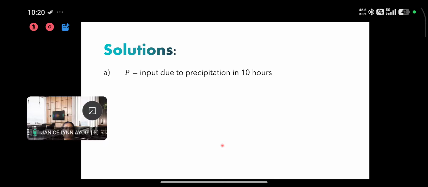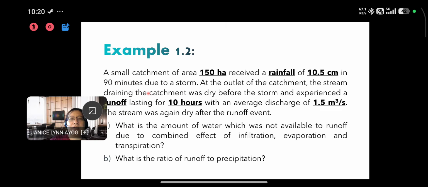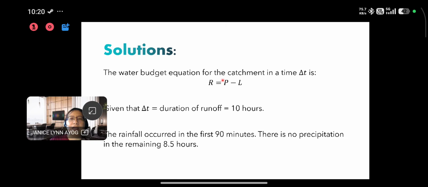Now, for question A, the input due to precipitation in 10 hours, basically you multiply this. This is the area, which you have to convert into square meter.